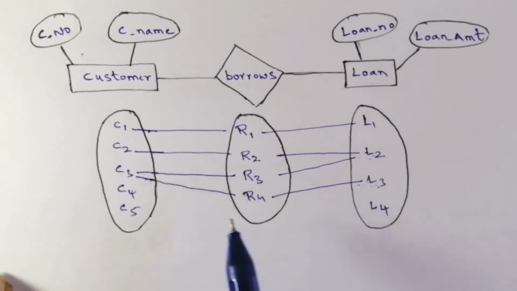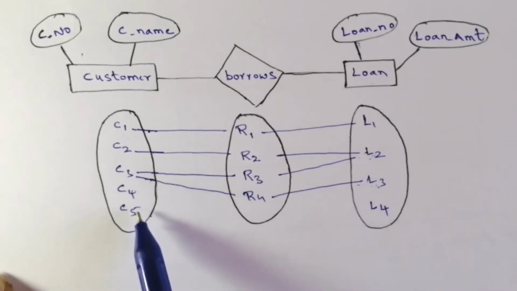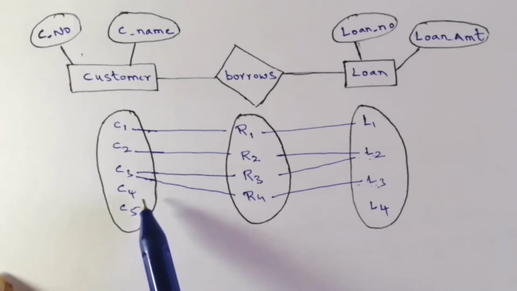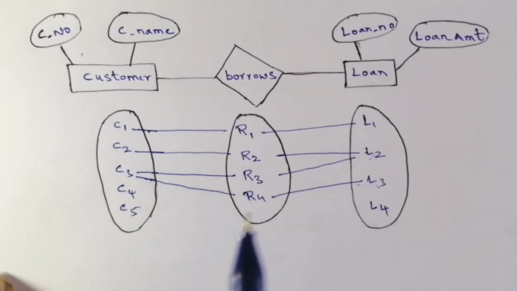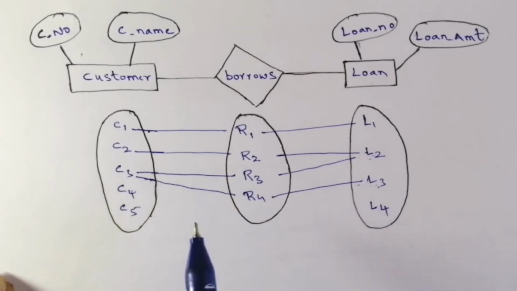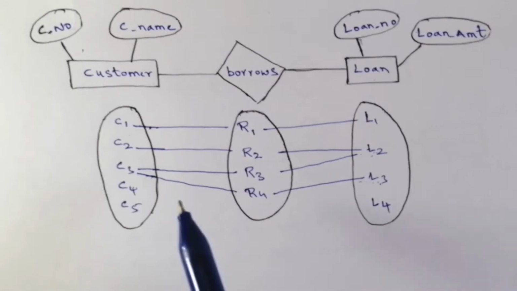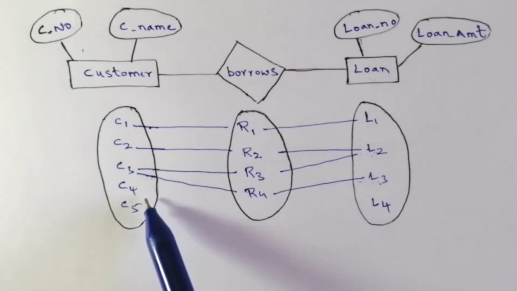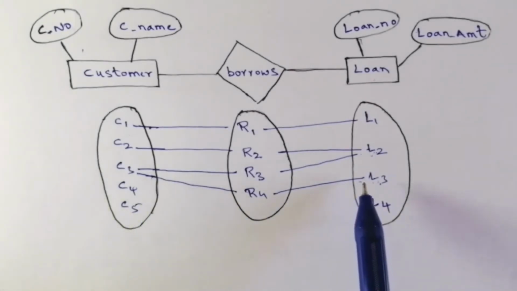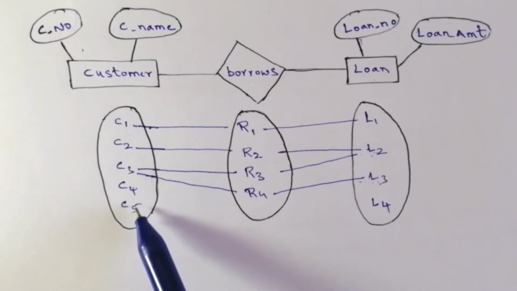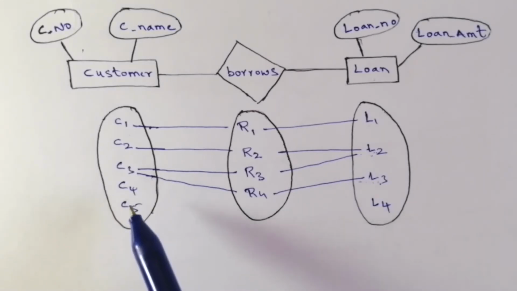Yes, a bank has customers who are not interested in taking a loan. It's a practical scenario, it is possible. There can be customers in a bank without a loan. There is no rule that every customer should take a loan. It is their choice. They can take a loan or they can't.